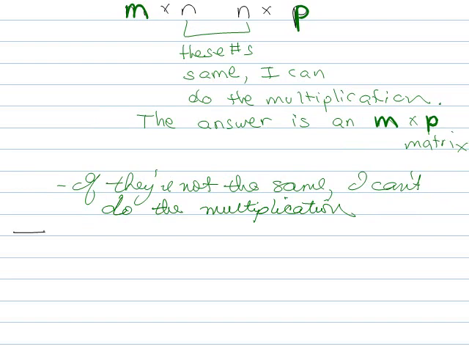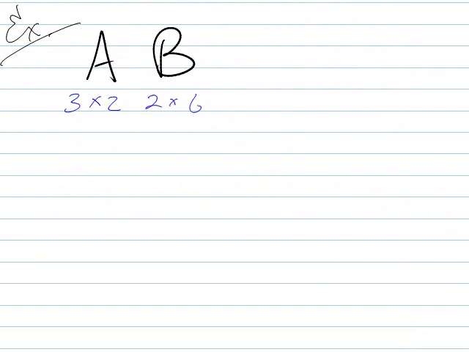Okay. So this is pretty standard, just to do some examples like this. I'm not even going to tell you what the matrices are. If I have a 3 by 2 and a 2 by 6, can I multiply these matrices? The answer is yes.